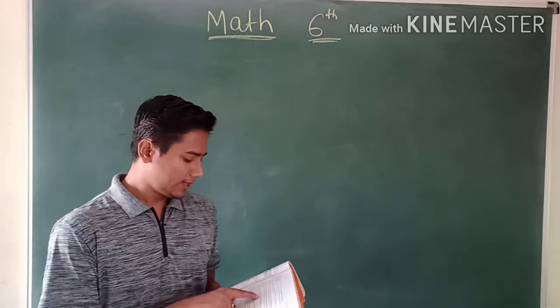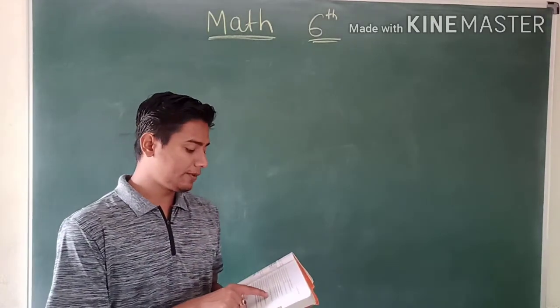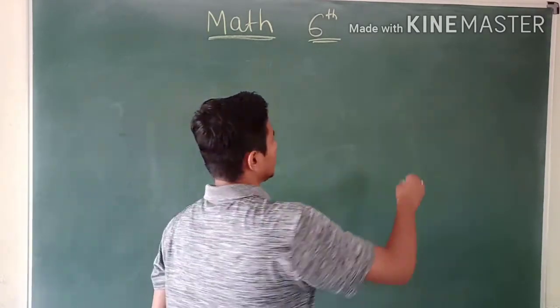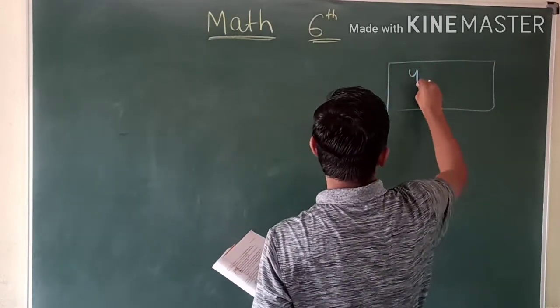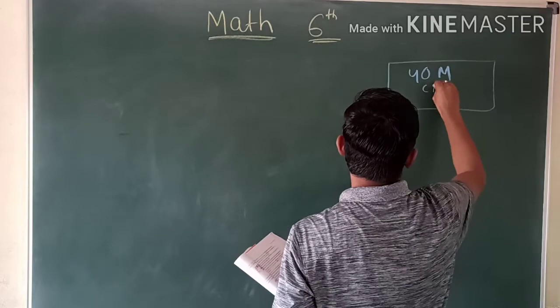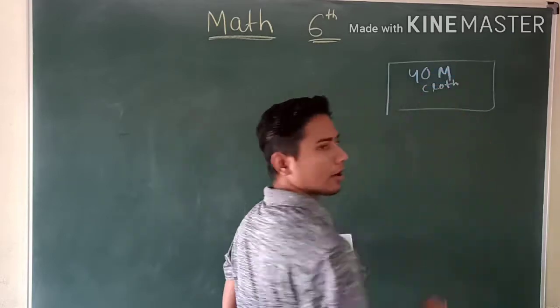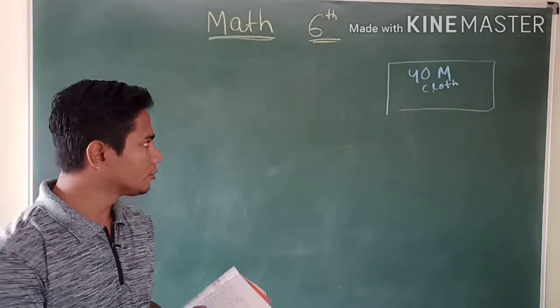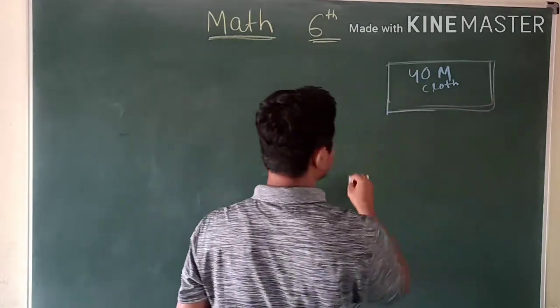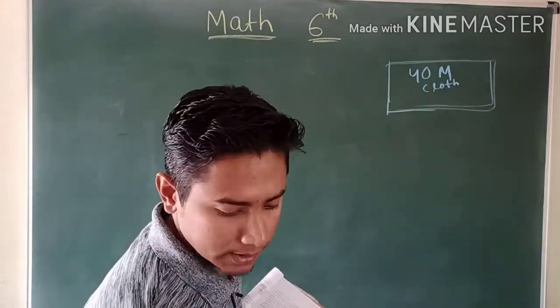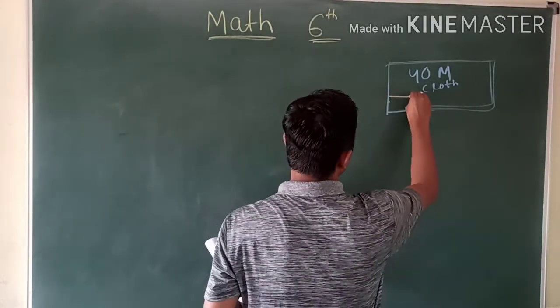Got it? Then out of 40 meter cloth, for example, this is the total cloth. Understood?